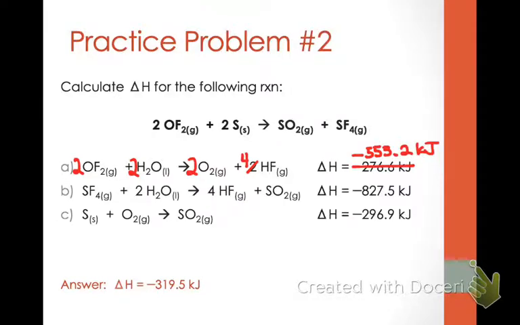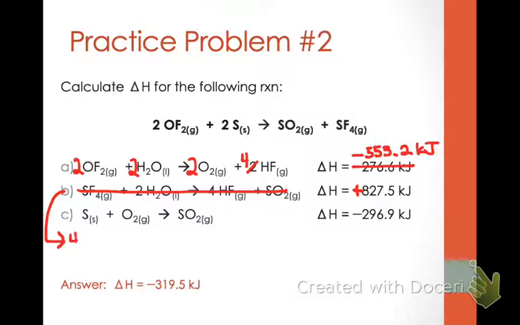If I look at the next reaction, it has SF4 on the reactant side, but if I look at the overall reaction, SF4 is a product. So I need to reverse that reaction. If I reverse that reaction, I'm going to make delta H positive, so let's just do that right away. I'm going to rewrite B down here, and I'm going to cross this off so that we don't get confused.